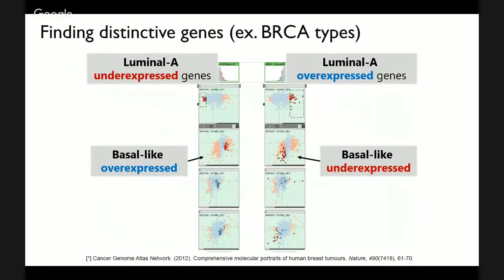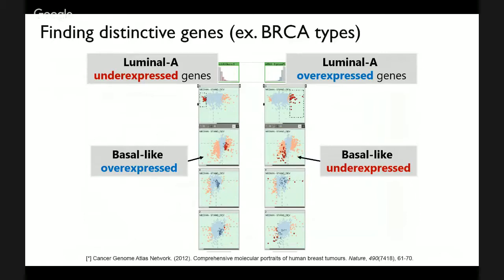So what we do by these selections, let's say on the left one, luminal A underexpressed genes, let's say that we selected those ones. Those genes that are lowly expressed for luminal A are highly expressed for basal-like.